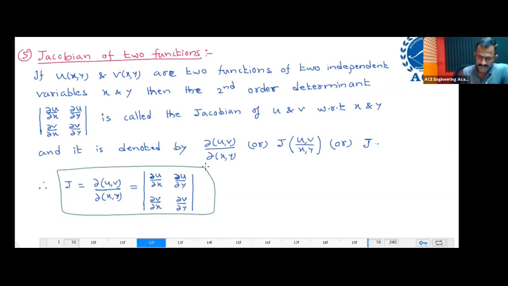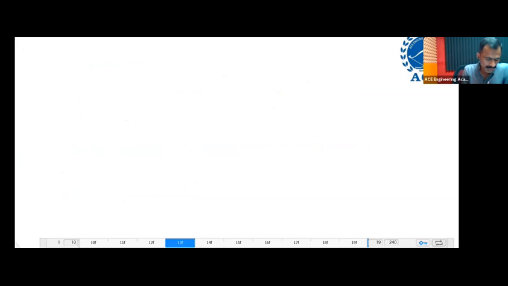Now we write the same thing for three functions of three variables as a note point. Note point number 1.